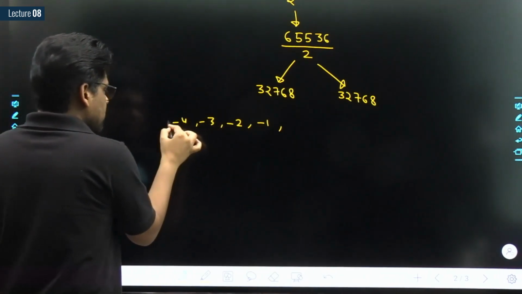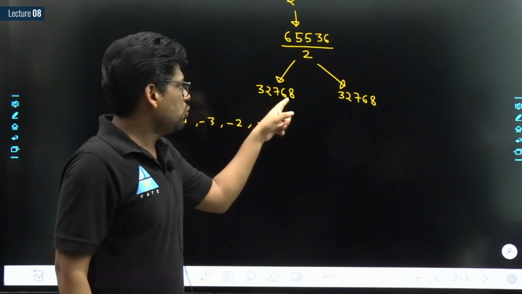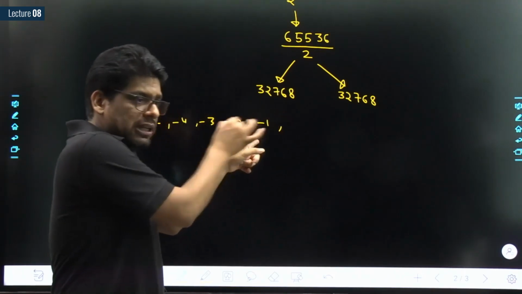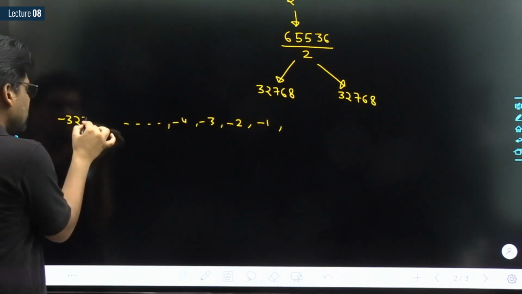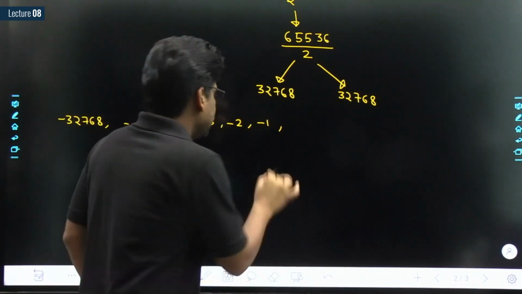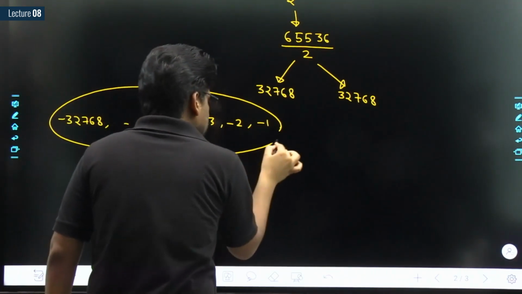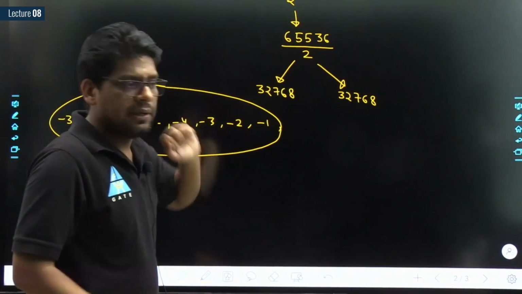But coming to negative numbers, the largest negative number is -1 and it goes in this direction. If in total we have 32768 negative numbers and we have started from -1, what is the last number? It is -32768. This is all the negative numbers possible.